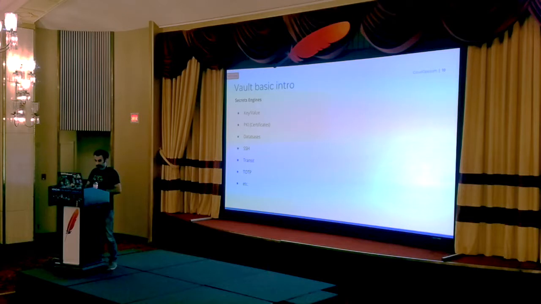Another one is SSH. There are two different types of SSH backend engine. One of them is you can integrate Vault with your infrastructure nodes. It means that if you want to SSH into a VM, you don't directly SSH into it.